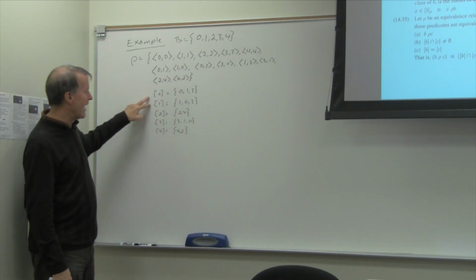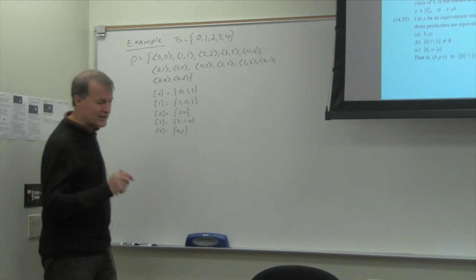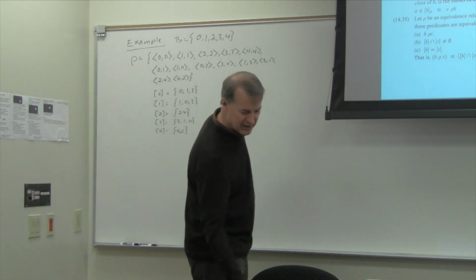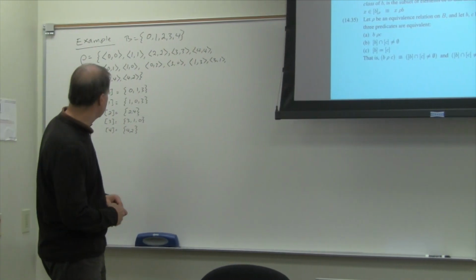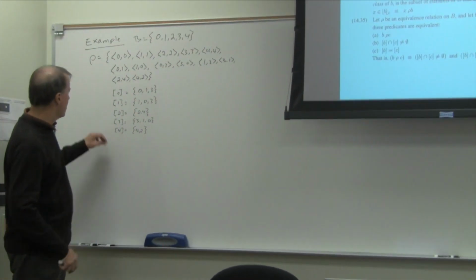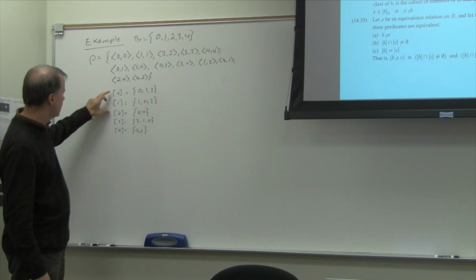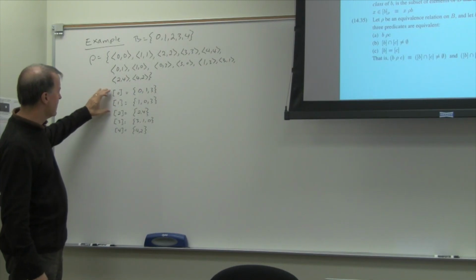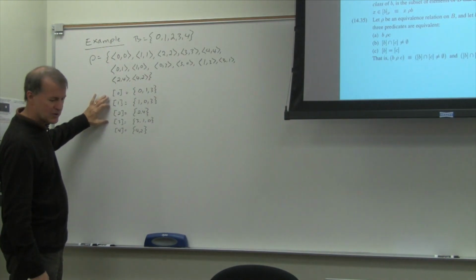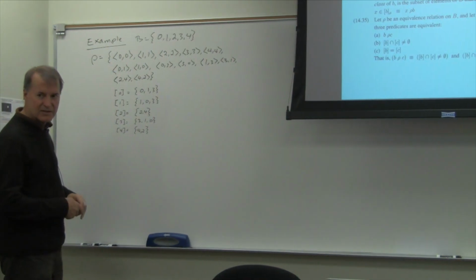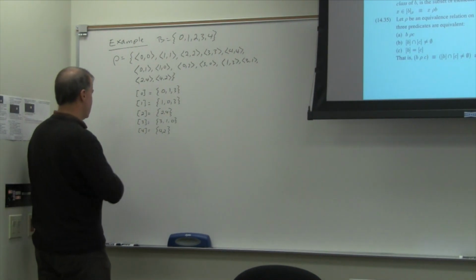Okay? And now what I want to do, we did one example last time about a partition. Do you remember what the partition was? 0, 1, 3, and 2, and 4. Yes.